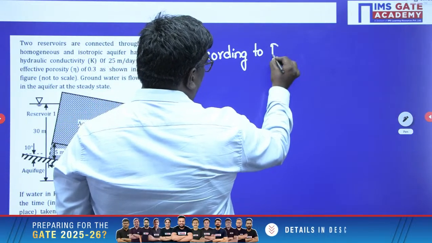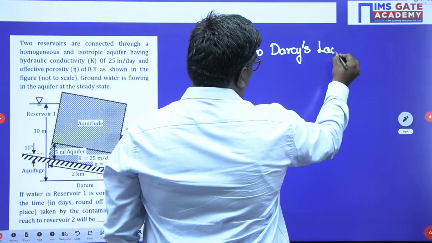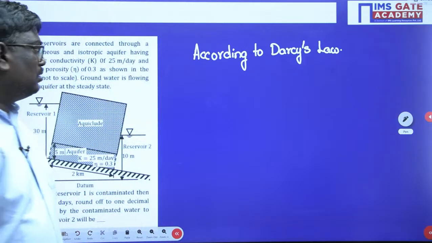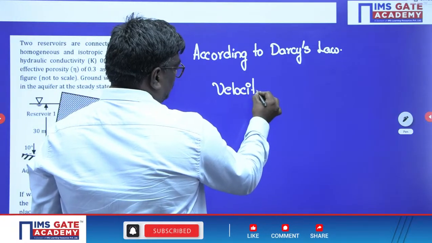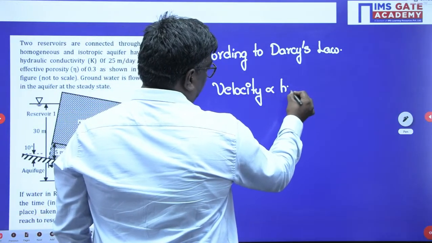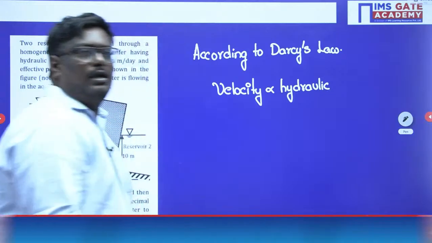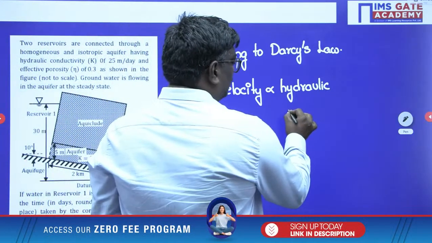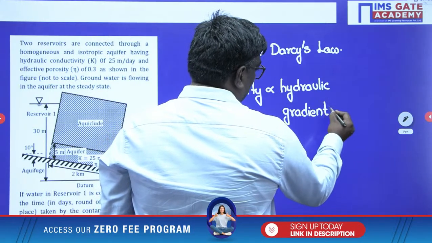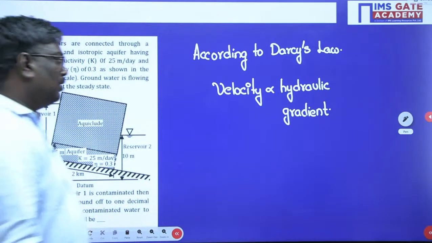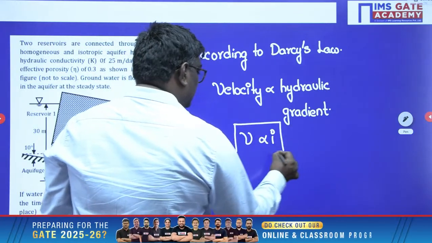According to Darcy's law, velocity is proportional to hydraulic gradient, or you can say V is proportional to I. This is what Darcy's law states.